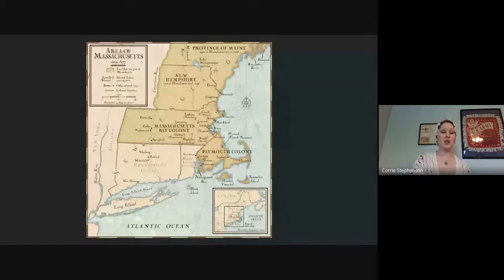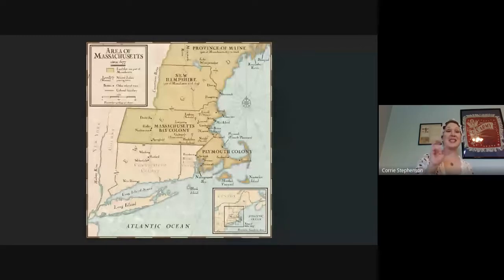The people who settled Plymouth and then Massachusetts Bay are searching for religious freedom in a sense. They do belong to a less popular sect of Protestantism. They are Calvinist Puritans. And those that came to Plymouth are actually separatists. They believe all the same things as the Puritans. Where these two groups disagree is on what to do with the Church of England.